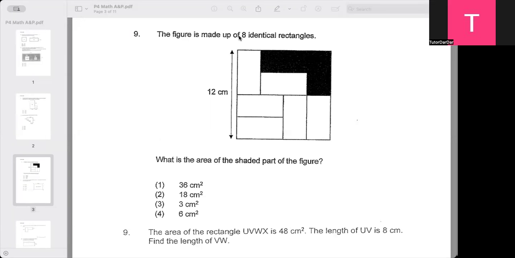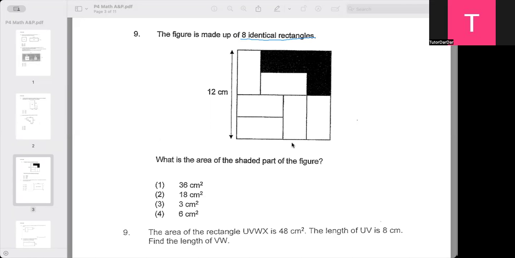The figure is made up of 8 identical rectangles. Okay, 8 identical rectangles. And the moment they show you 8 identical rectangles, I suggest you start putting units. Okay, so let's look at this. The shortest part is here. The breadth is here.